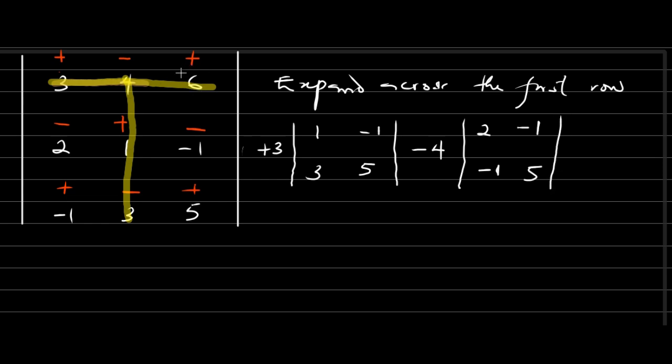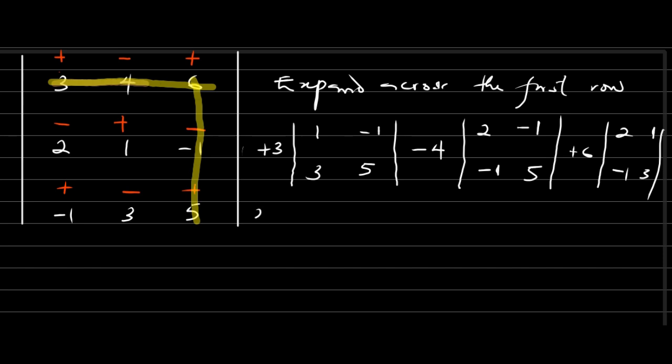Then the third element of the first row is 6, that is plus 6. So we are going to delete the row and the column that has 6. So we are left with 2, 1, minus 1, 3.